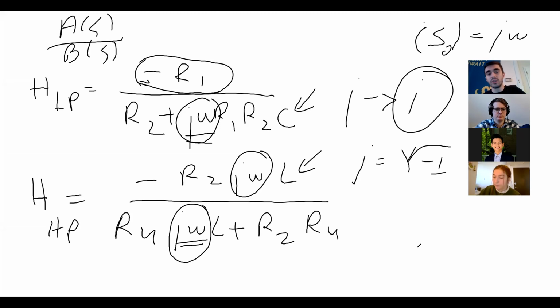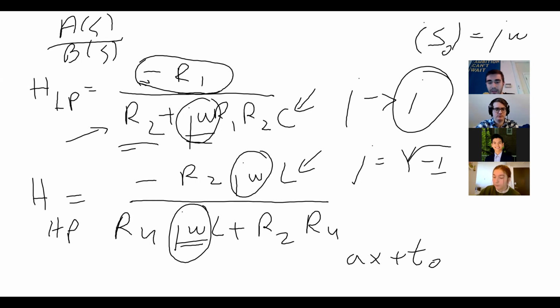For this one, we just have negative R1. But the denominator is a polynomial of degree 2, because it is of the form ax plus t0, right? So x in this case is j omega, a is R1 R2 C, and t0 is just R2 here. So now we can do something in MATLAB where we can just input this function itself.